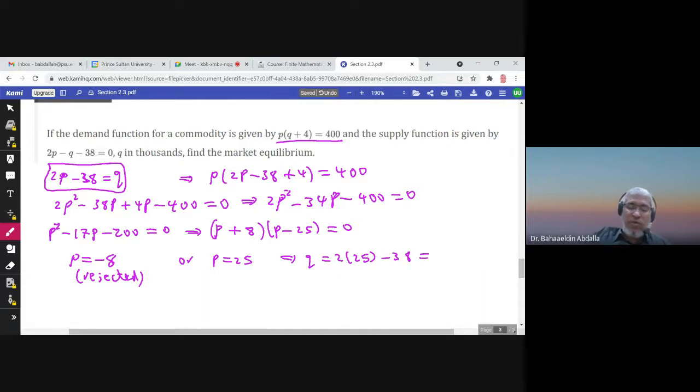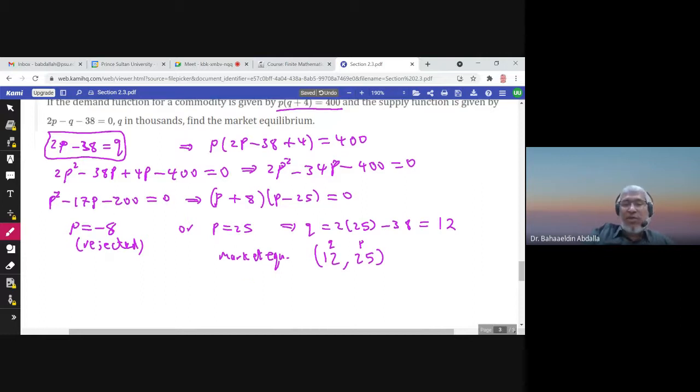Sorry, it will give me 12. 12,000, okay, because Q is in thousands. So the market equilibrium point would be 12 and 25. So this is Q and this is P. Remember, we put P on the y-axis. So this would be the market equilibrium.